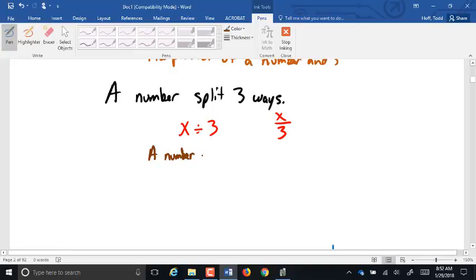Well, there's a number divided by 3. Three into a number.